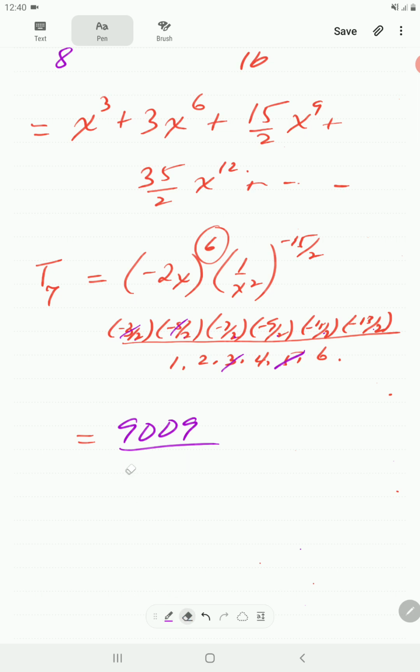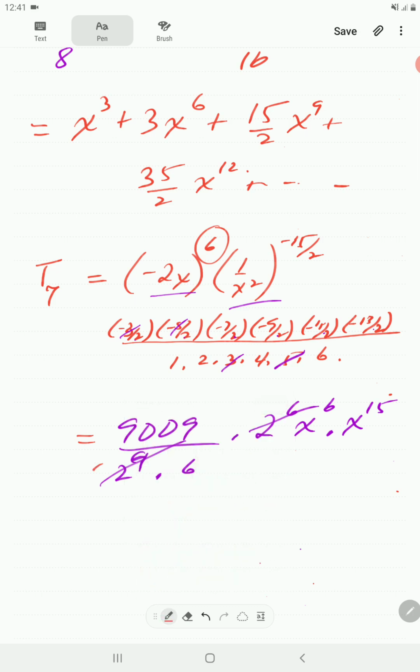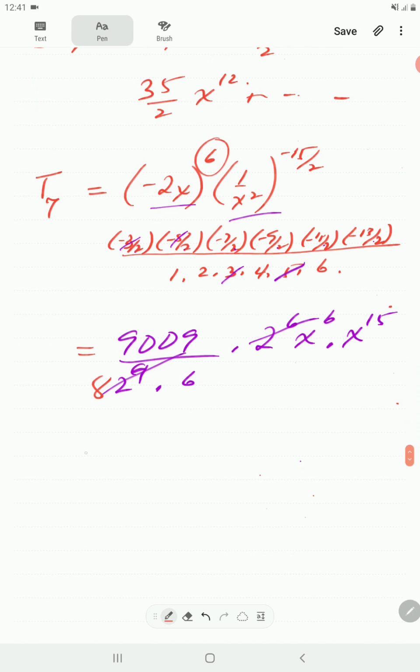So this is 2 to the power 9 times 6. Okay, and then from this term we're going to have 2 to the power 6, x to the power 6, and then from this term we're going to have x to the power 15. This term is going to cancel out with that term, giving us 8 in the denominator.